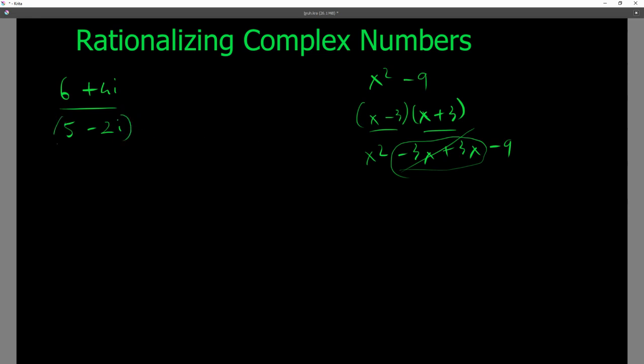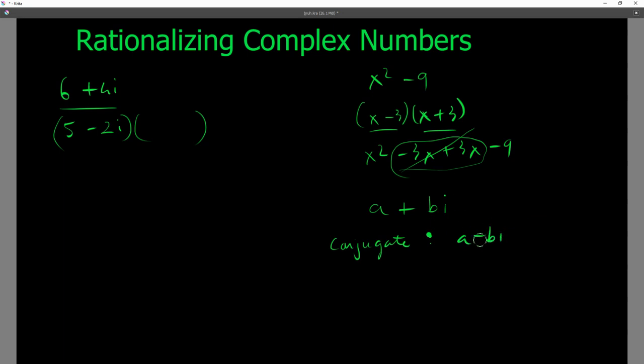Because when you multiply something, you want to cancel out the imaginary parts. So what we do is we take the conjugate of this, right? The conjugate of 5 minus 2i. So if you have a complex number like a plus bi, then the conjugate of that is just a minus bi.